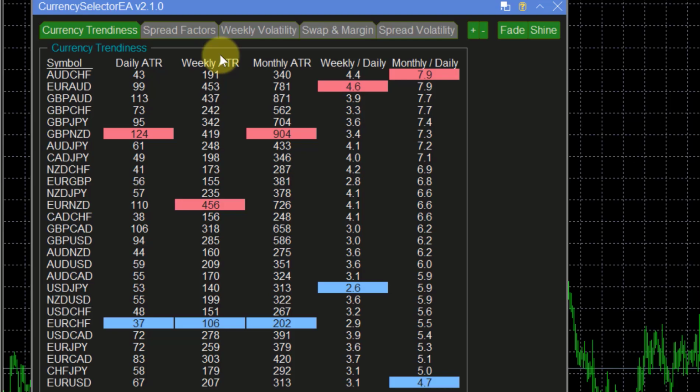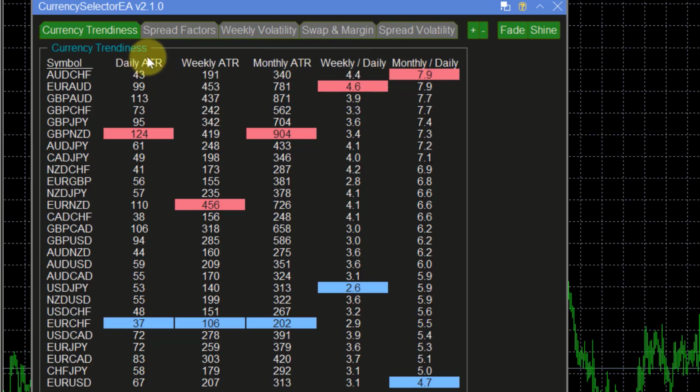And then we have the monthly ATR, which is the range that the currency trades within a month. The next two columns are ratios: the weekly ATR compared to the daily ATR, and the monthly ATR compared to the daily ATR.